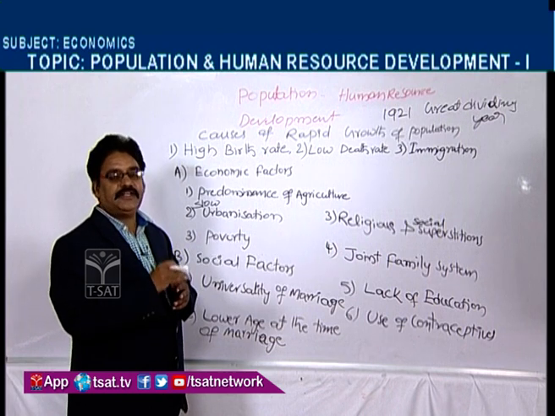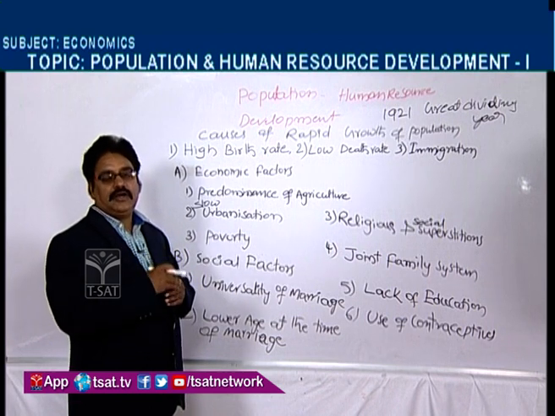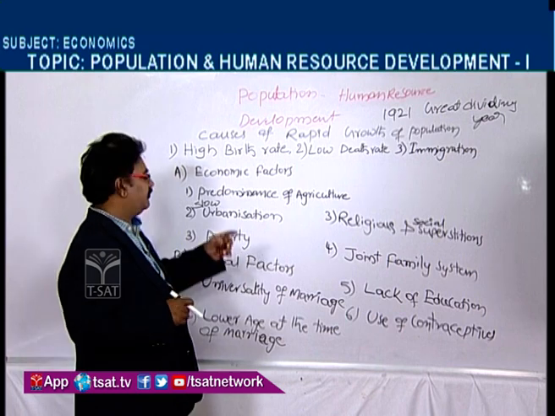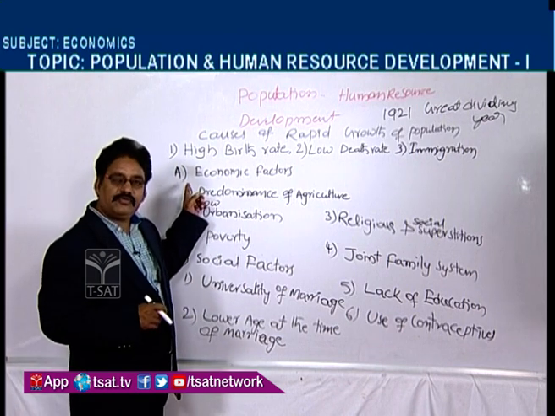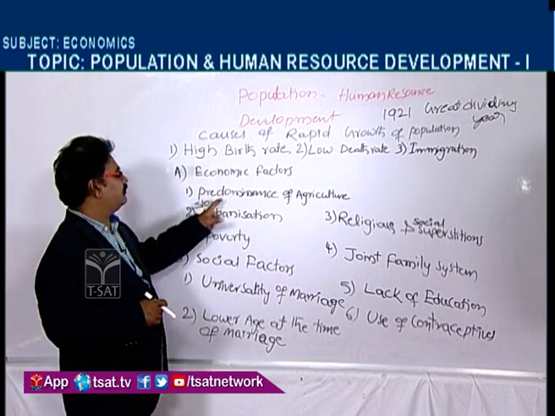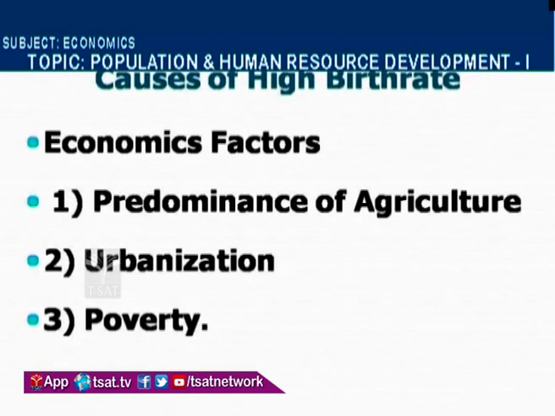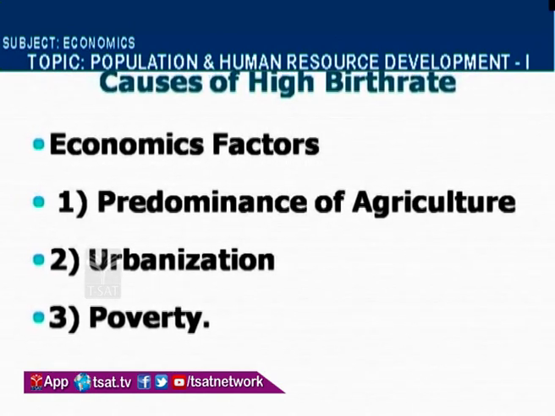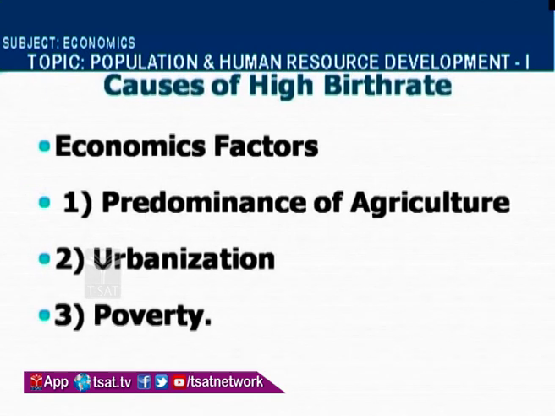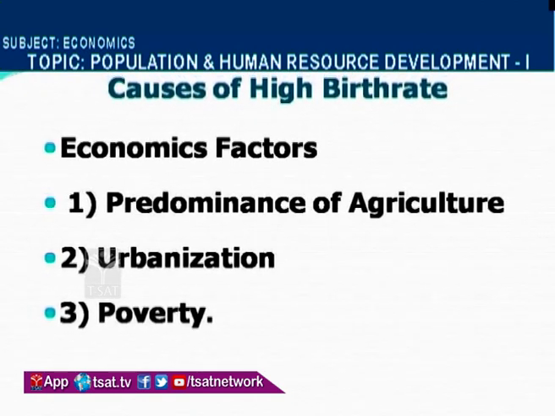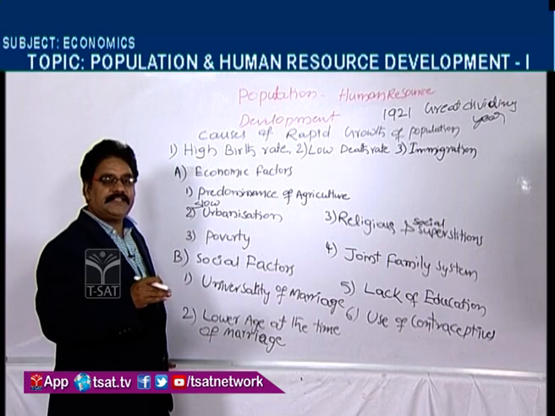That's why one of the reasons for the rapid growth of population is predominance of agriculture, and slow urbanization. In the Indian economy, urbanization is not taking place rapidly. Slowly it is increasing.